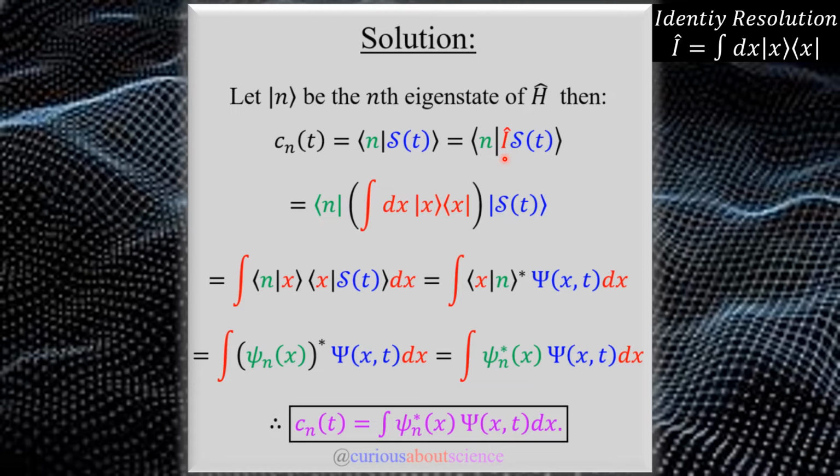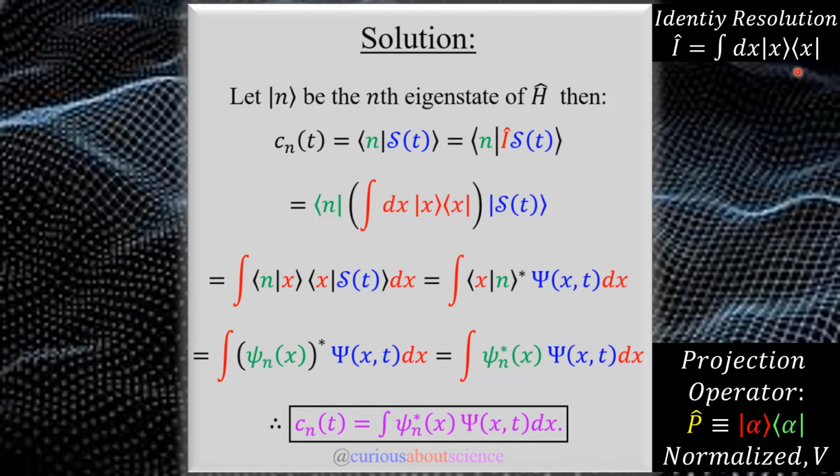And that's wonderful. What we should note about this identity resolution is that we have this ket-bra thing again, which again goes back to what we learned earlier with the projection operator. So we're taking this state and we're projecting whatever component into the x direction and then integrating it out to give us the energy that we want.